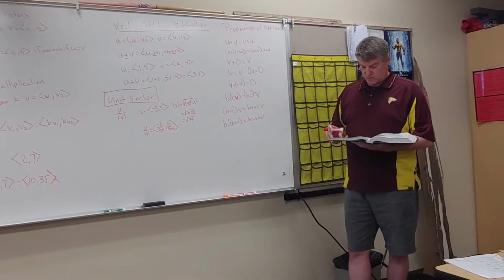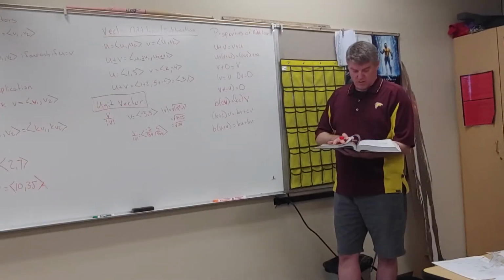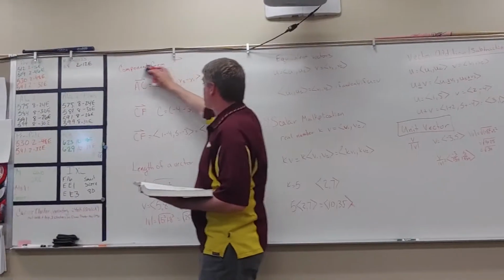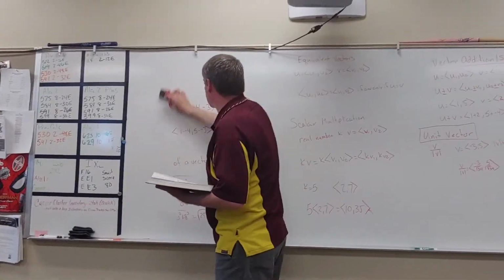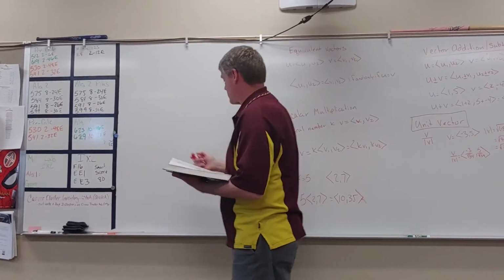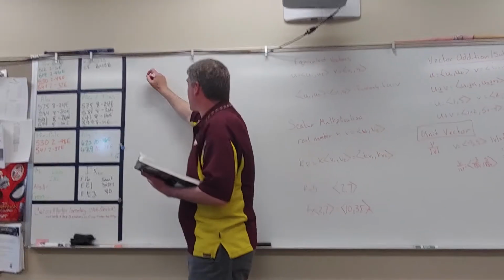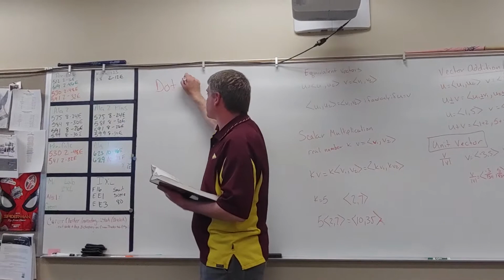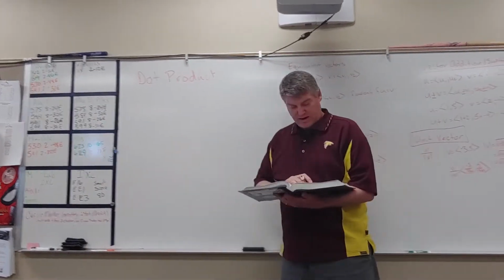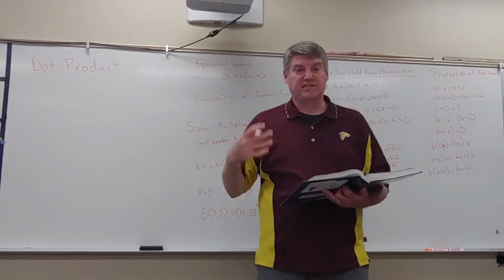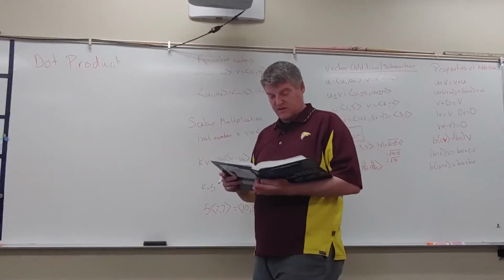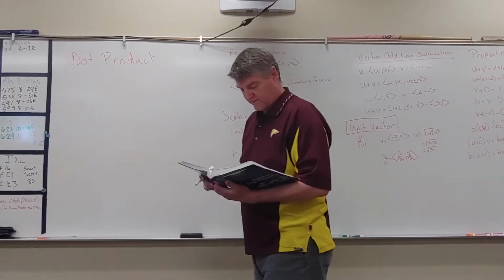Okay? So what we're going to look at now is what we call the dot product. So I'm going to erase this real quick. So here we have dot product. And dot product is a way that we can get a scalar, a number that represents these two vectors.